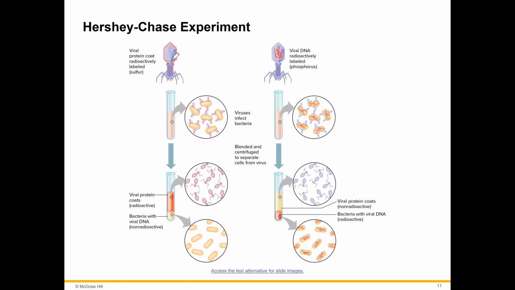And what they did, they marked in one experiment protein with a radioactive element, and in the second experiment they marked DNA with a radioactive element. So they marked protein here with radioactive sulfur, and they marked DNA with radioactive phosphorus, right? So here we have radioactive proteins.